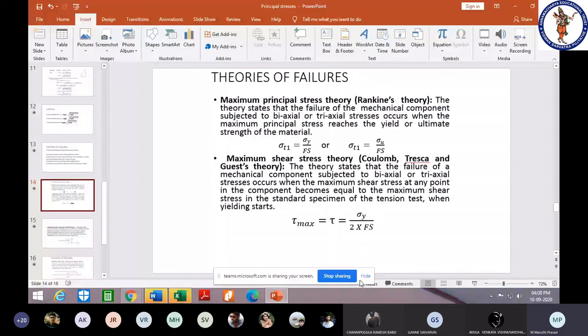The individual shear stress is equated with the allowable shear stress to get the dimensions of the object. Or, to avoid failure of the component, tau max must be less than or equal to tau. In the worst condition, tau max must be equal to tau. These are the first two theories of failure. I will discuss the remaining theories of failure in the next class.